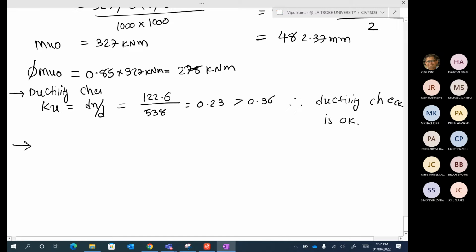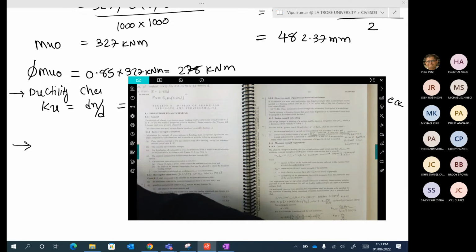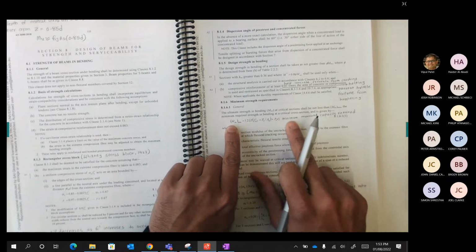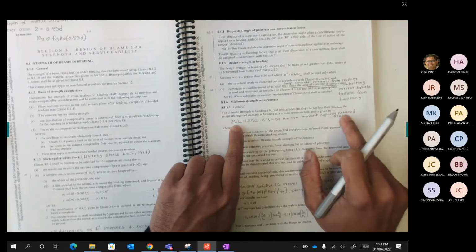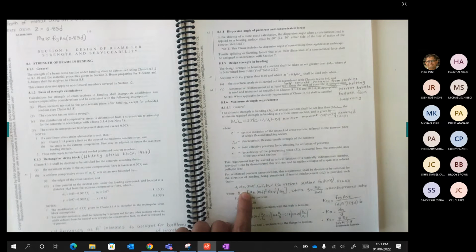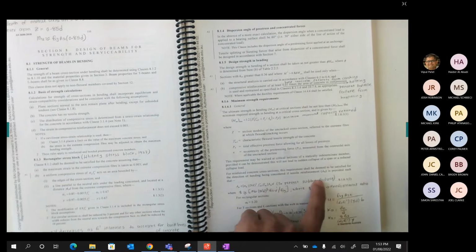There is another check, the minimum check, that you need to make as well. If you come across any beam example, you need to do the minimum check to make sure you provide adequate minimum steel reinforcement, to prevent sudden failure. Some engineers play very smart, saying, I don't want to put any steel, my concrete is good enough.